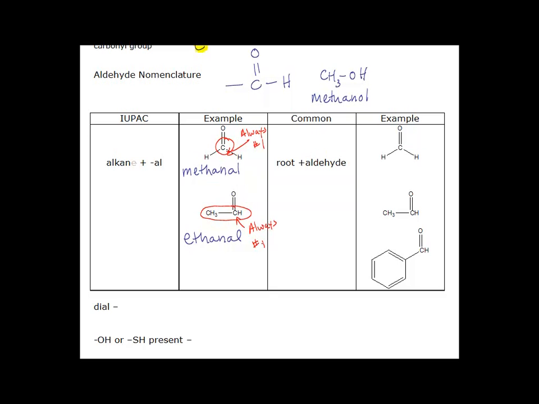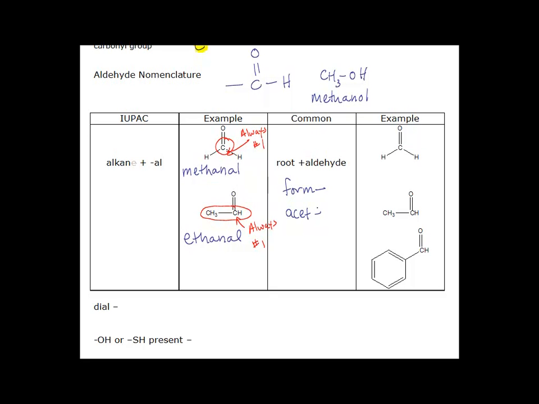Now, for common nomenclature on aldehydes, you're going to take your root name and then add aldehyde. So from your orange flashcards, you know that form and acet, these are 2 roots that are on your flashcards, and you probably think, I don't know what these are for, probably a mistake. No, it's not a mistake.